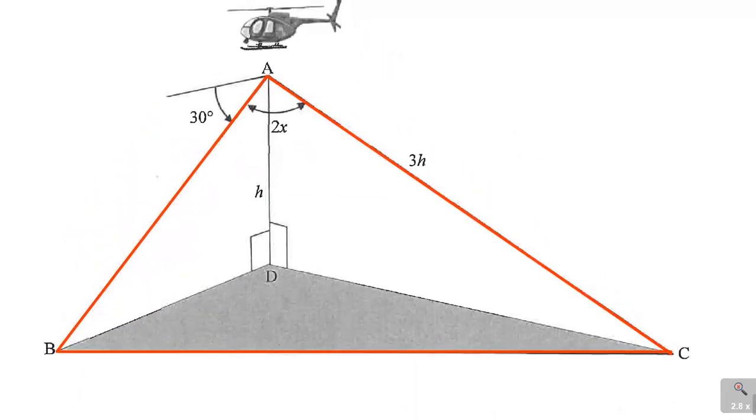So I have here 2h. So that's what I'm having. I've got AB being 2h, and I just want to show you something here also.